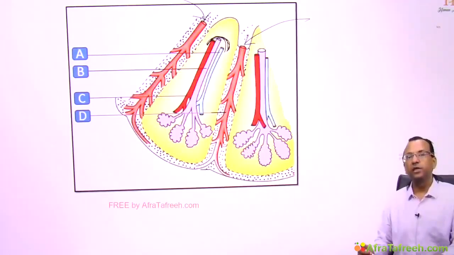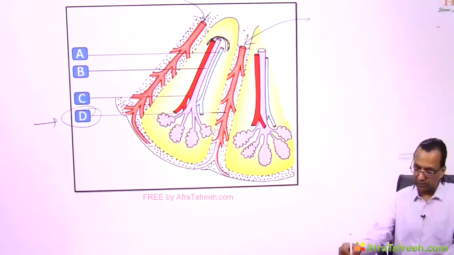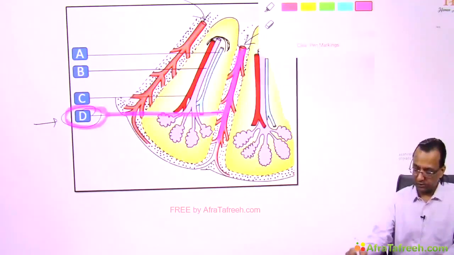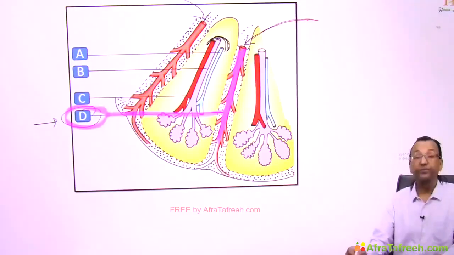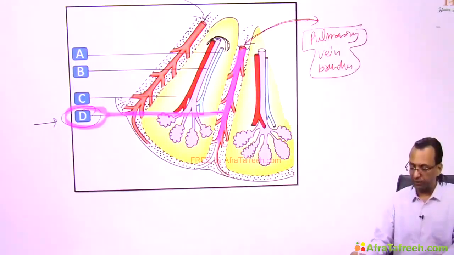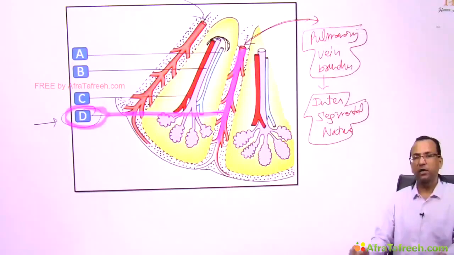Remember, the structure which is marker D, which they have shown at the margin here, this is the structure they are talking about, the D. In the lungs, this is called pulmonary vein branches, because pulmonary vein branches are intersegmental in nature. Intersegmental in nature means they are between the segments.